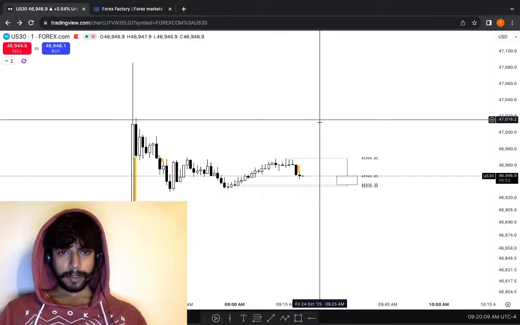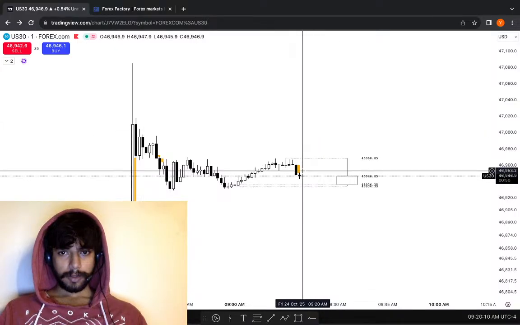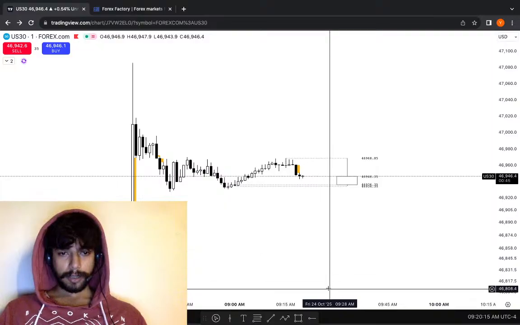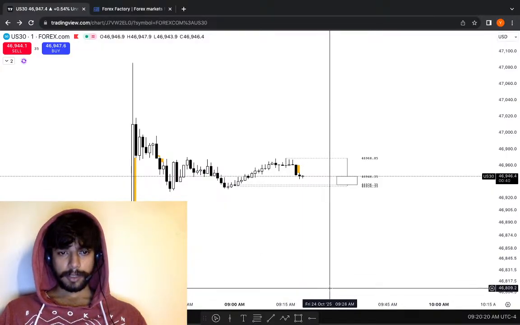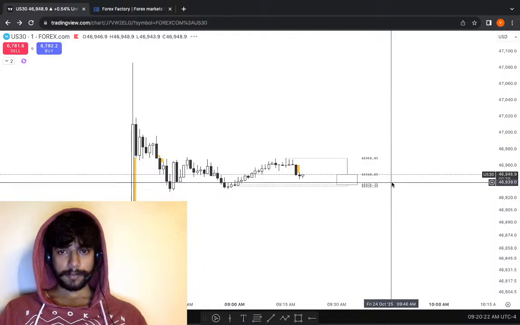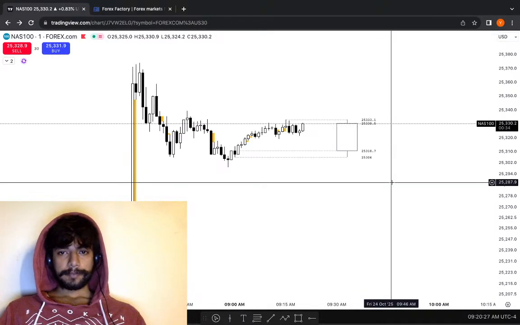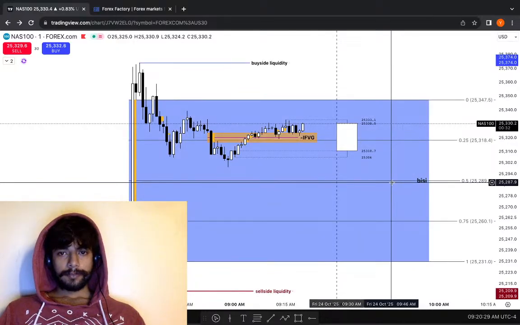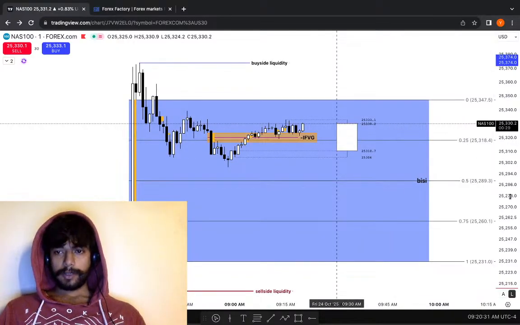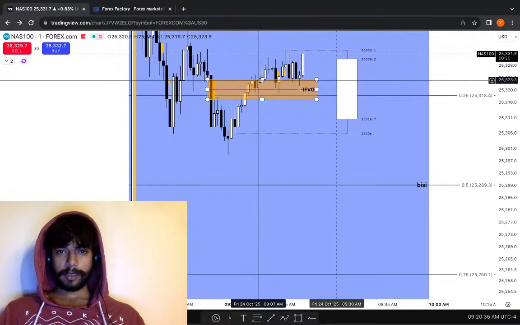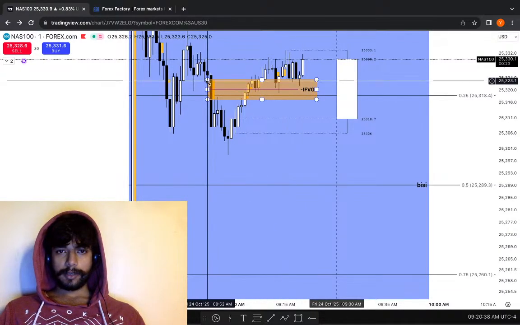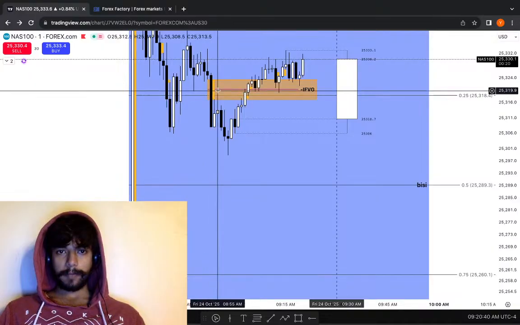Looks like in US 30 they will try to just bump up and then start to roll over, taking out these sell stops resting below this. Let's see. And still the bodies of the candles are respecting the high of this inverted fair value gap.